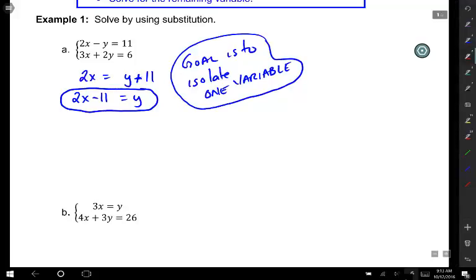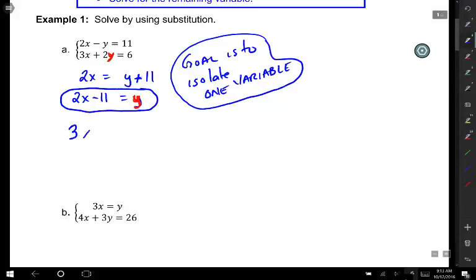All right, so I'm going to highlight this variable y in red, and I'm going to go up to the original problem to the second equation, and I'm going to highlight that variable y also in red. So now I take my value for y, which is 2x minus 11, and I'm going to stick it into the second equation.